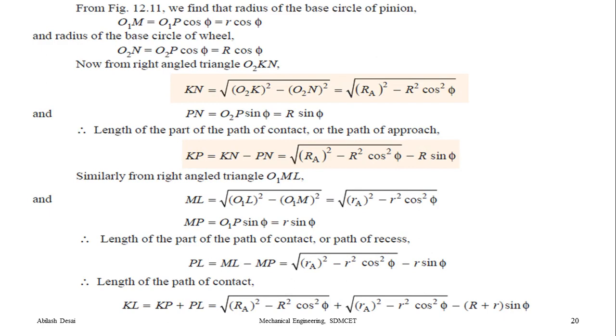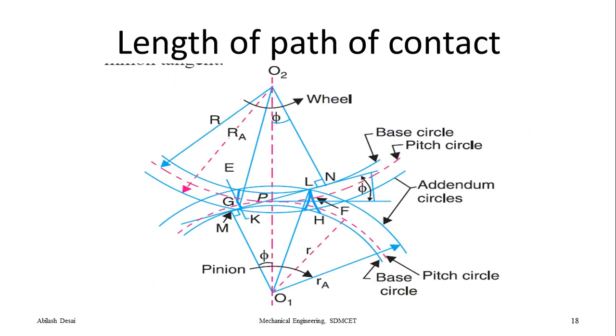Now from the right angle triangle O2KN, using the trigonometry ratio, you know that hypotenuse square is equal to the other two sides squared.